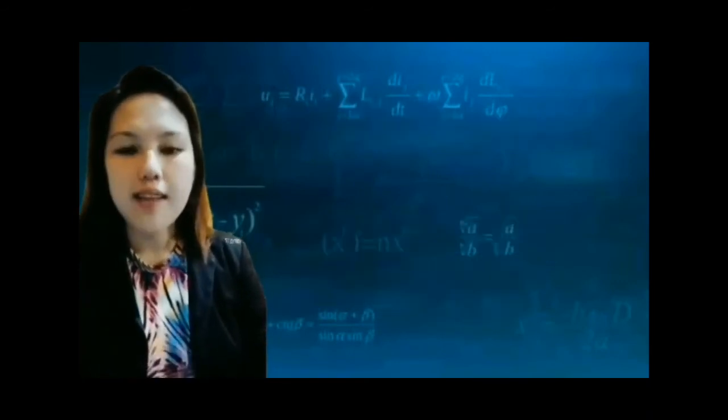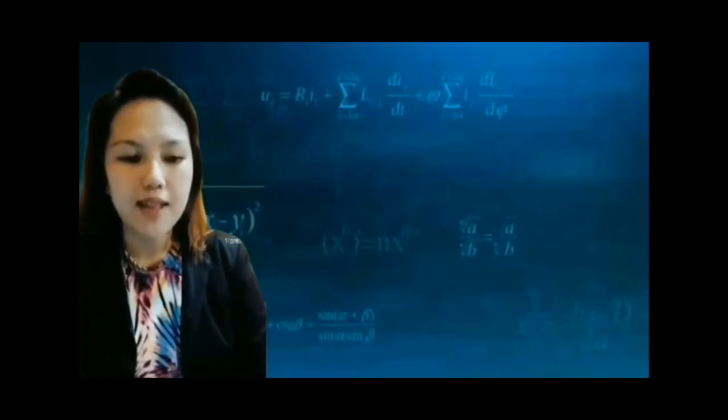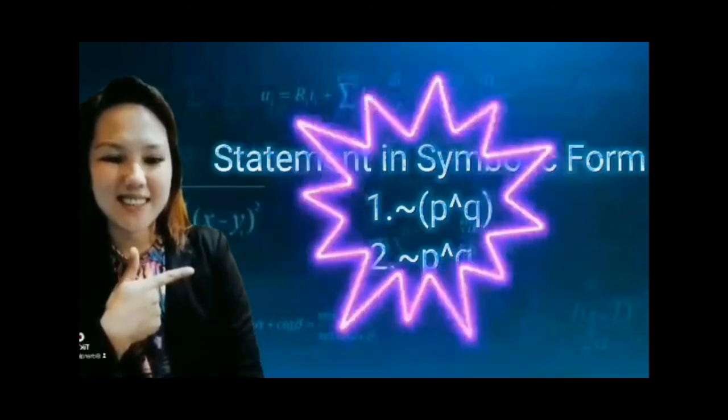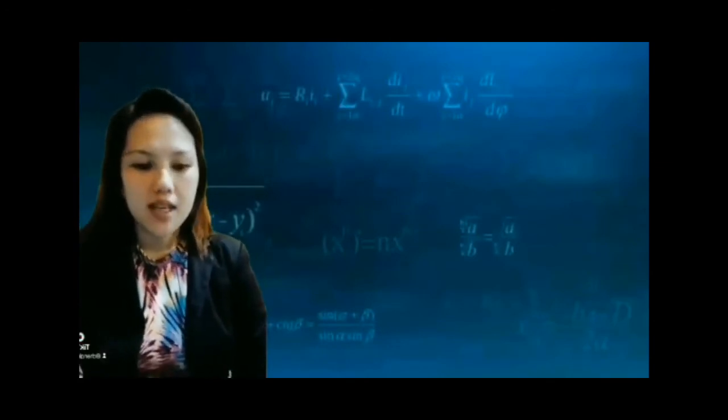Now, to write it in symbolic form, let's just say we have this statement in symbolic form. And we're going to translate it into the English compound from the given simple statements.